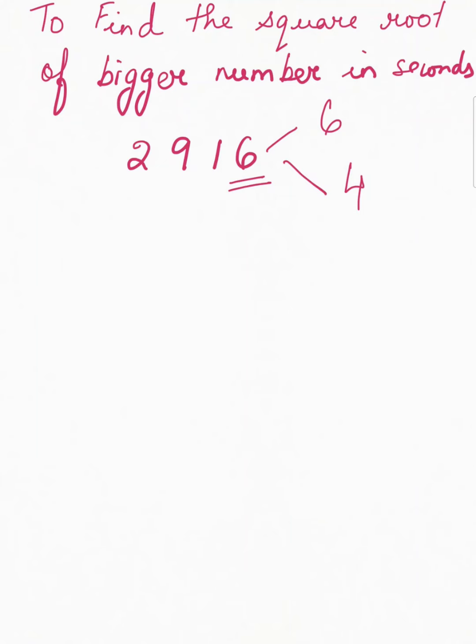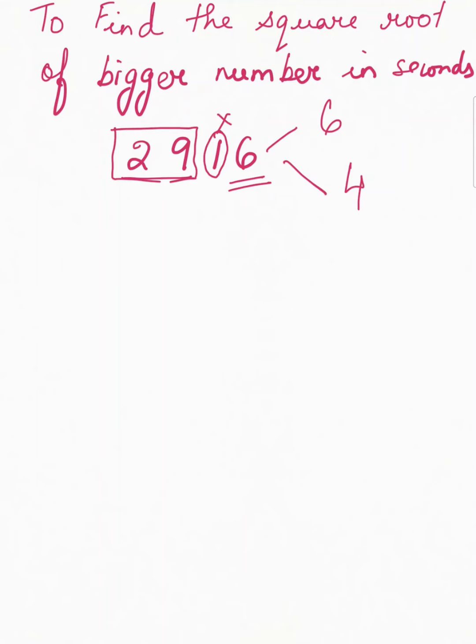What we do is we skip the digit just before 6 and we come to 29. Now when we consider 29, again we will think of a number, or rather a digit whose square is close to 29.